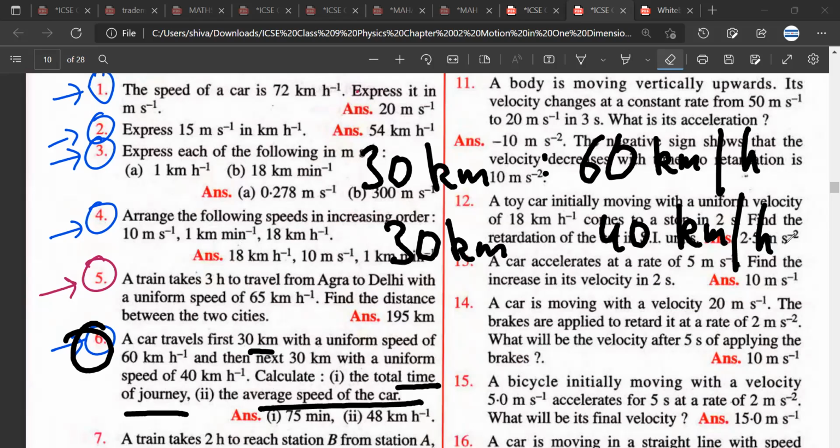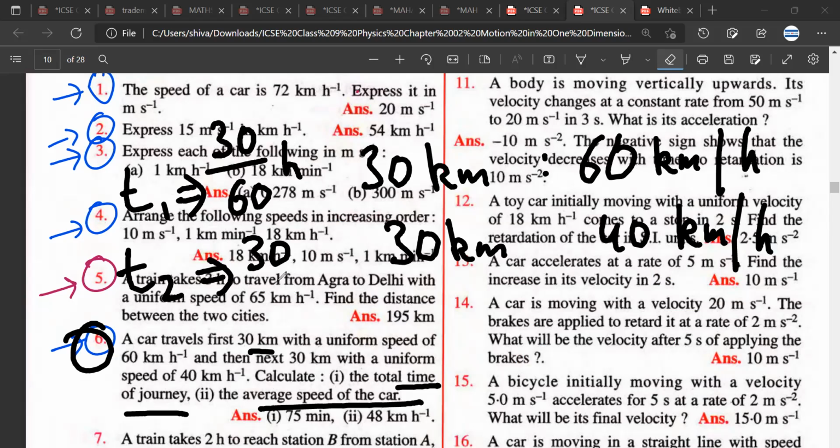They want the total time of journey. So time here would be distance upon speed. This would be 30 upon 60, and this time too would be 30 upon 40. So T1 plus T2 would be the total time.